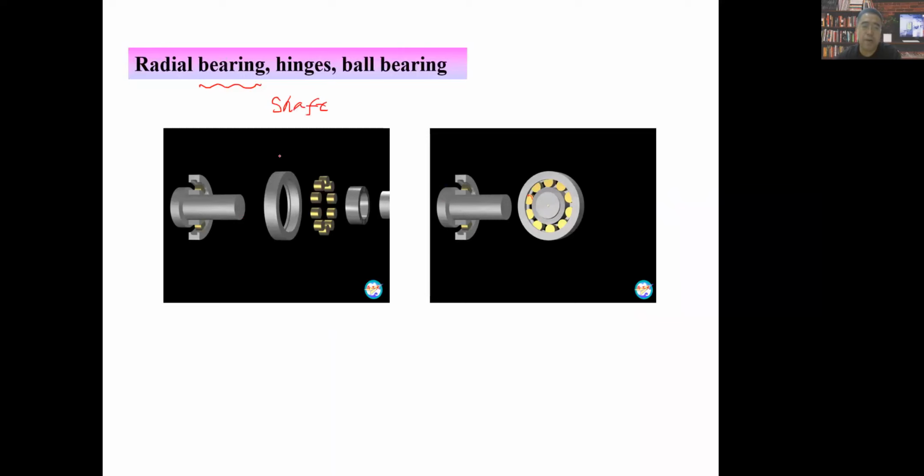It will support other things, maybe gears or cams or other trolley wheels, which have rotation movement. This radial bearing or hinge or ball bearing tries to support this shaft. This shaft in Chinese we call 轴.